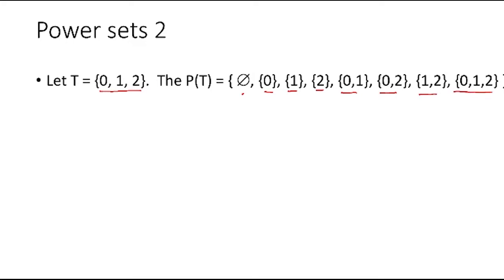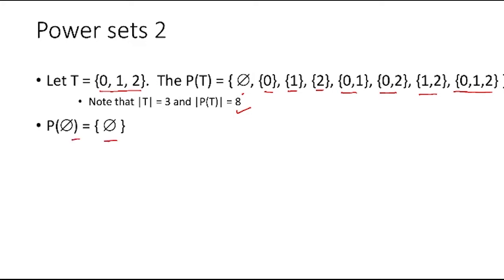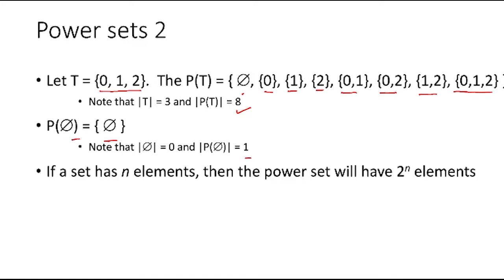So the null set, taken 1 at a time, taken 2 at a time, and taken all at a time. So the total number of elements in this case will be 8, right? For the null set, obviously only one element is there, right? For n elements, we have the formula 2 to the power n, right?